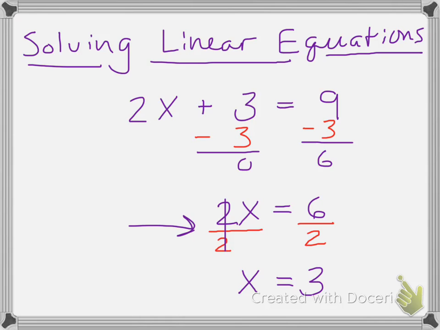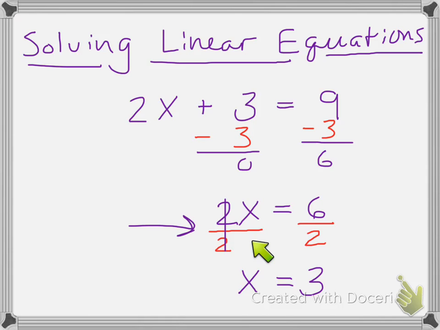start getting rid of the numbers on the side with the variables, you have to undo what's in there. So if you look at this first part of here, to undo that plus 3, I subtracted 3. And if I did it on one side, I have to do the exact same thing on the other side.